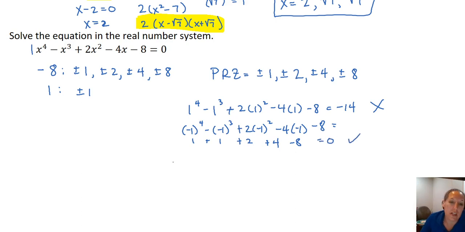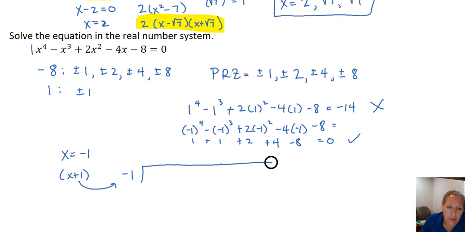So that one works. So let's do our synthetic division and figure out what our quotient is. We're looking at x equal -1, which means x plus 1 is going to be a factor. So we change the sign. Always change the sign from the factored form. And then our coefficients are going to be 1, -1, 2, -4, and -8.